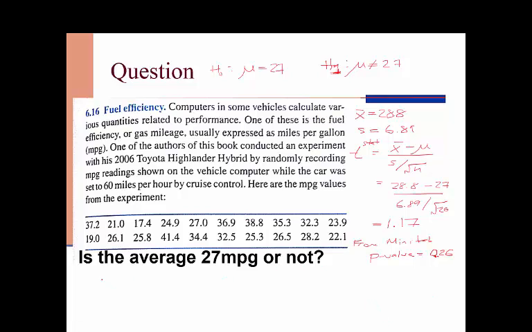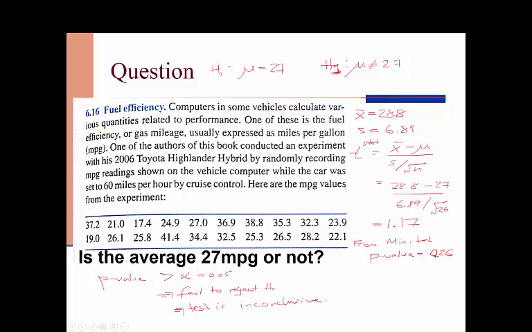Okay, and since the p-value is greater than alpha, right, an alpha of 0.05, we will fail to reject H0. Therefore, the test is inconclusive. We didn't learn anything. Right now, you would go out and get a better data set to maybe come up with some other conclusions.